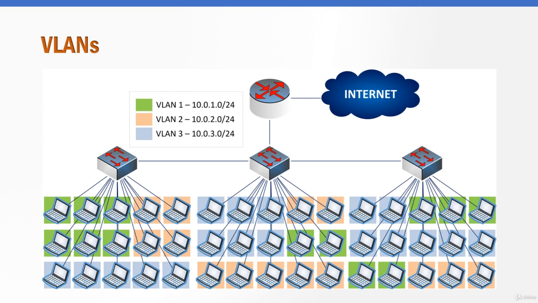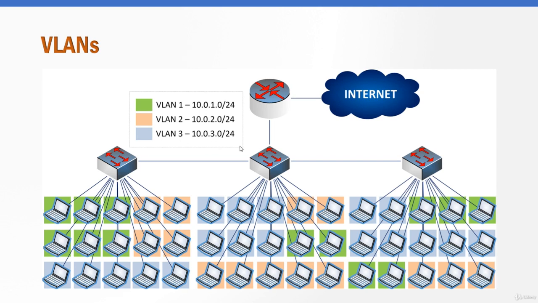In this example, I used three VLANs, 10.0.1.0, 10.0.2.0, and 10.0.3.0. And these three networks are appropriately named VLAN 1, 2, and 3.